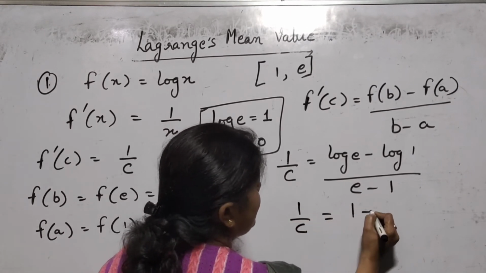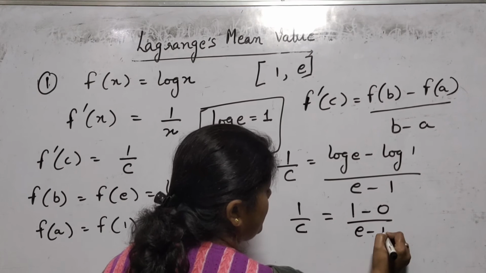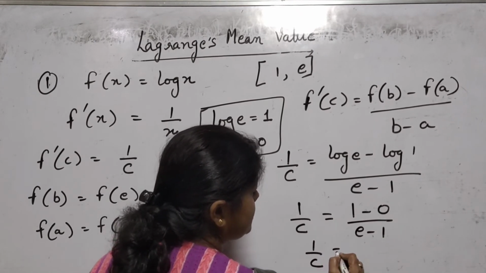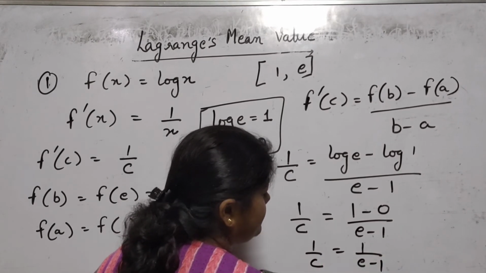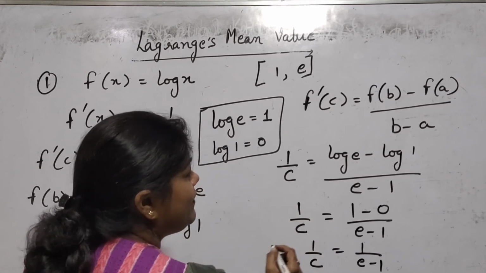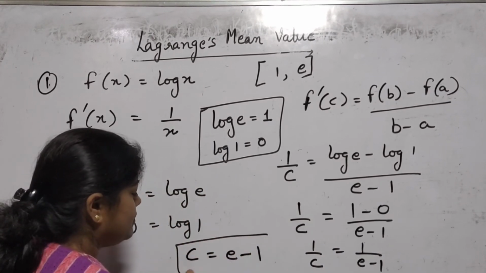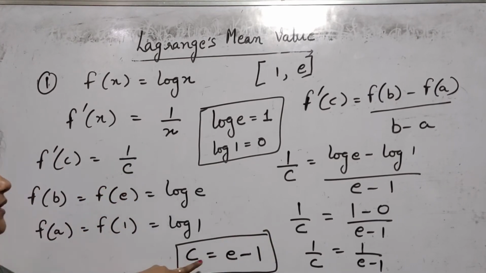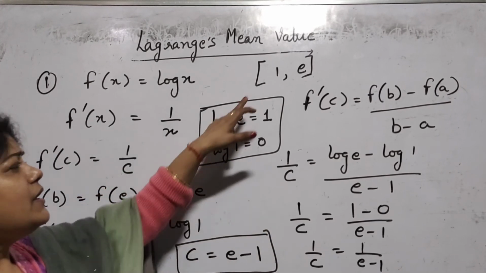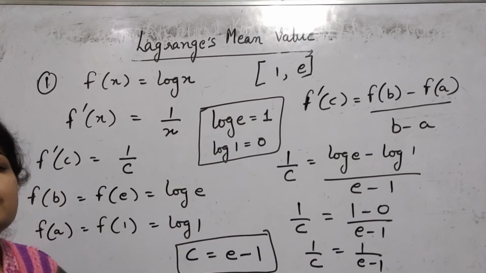So we get 1 minus 0 over e minus 1. That is, 1 over c is equal to 1 over e minus 1. So ultimately the value of c is e minus 1. And we have to find whether this value exists in between this interval or not.